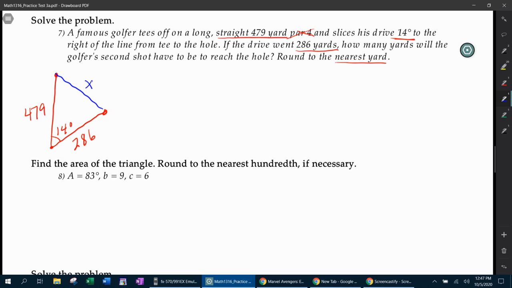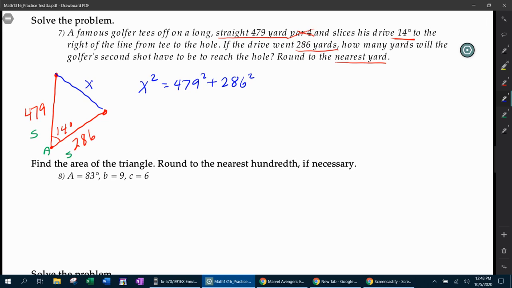Now, I want to point out that this is a side angle side setup. We're given one angle and 2 adjacent sides. That's law of cosines. And this formula for the law of cosines says x squared, the side you're looking for, which is the side across from the angle, is equal to 479 squared plus 286 squared.